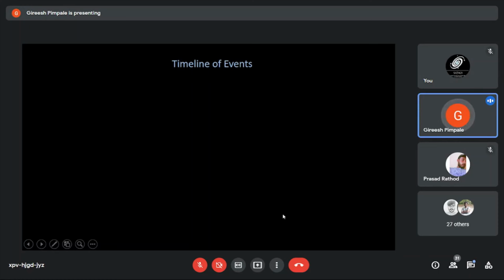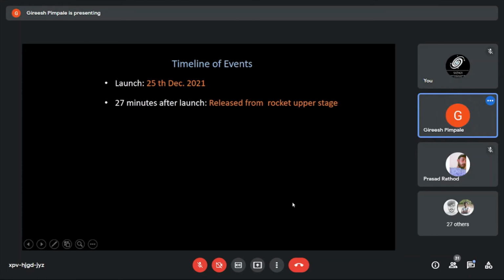So let us see the timeline of events for this telescope. Launch date, I have told you, 25th December. Then just 27 minutes after launch, it was released from the rocket upper stage. Then on 24th Jan, the sun shield, mirrors and other components were fully unfolded.